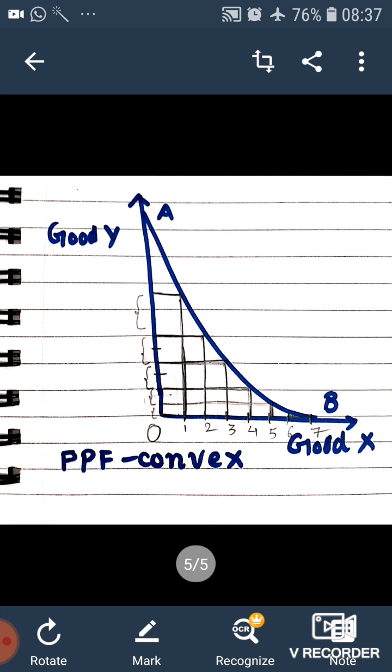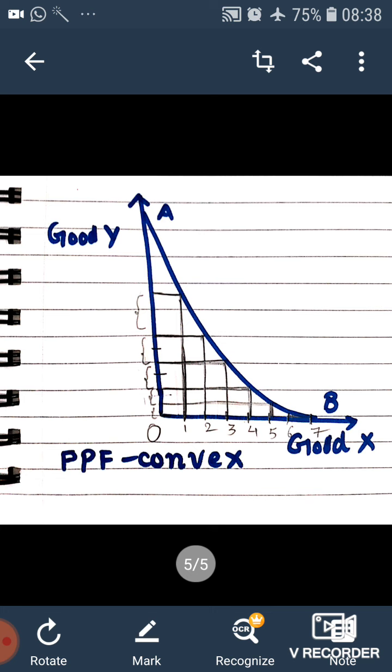Every time the sacrifice, if you see on the y-axis, the gap is decreasing. So the sacrifice is slowly decreasing. What does it show? It shows us that MRT is actually decreasing, and fewer units of the commodity are sacrificed every time to gain an additional unit of a commodity.